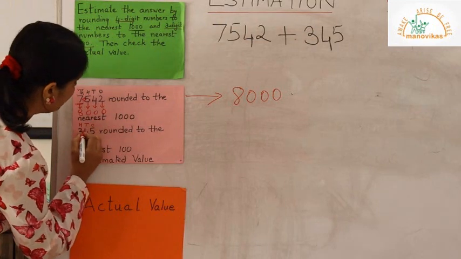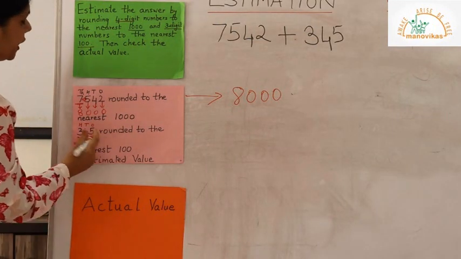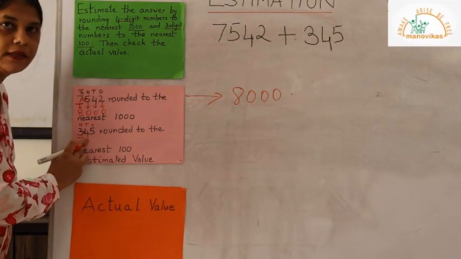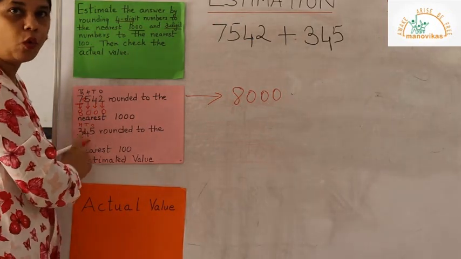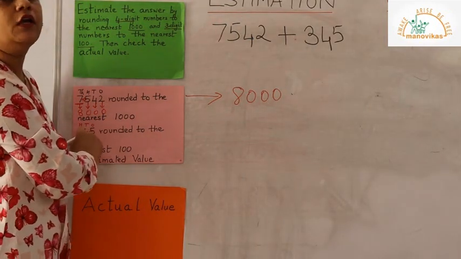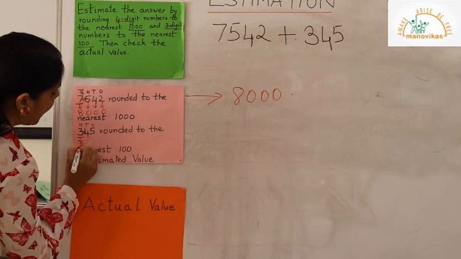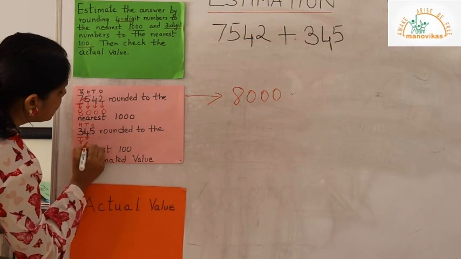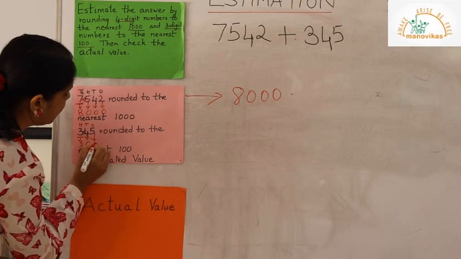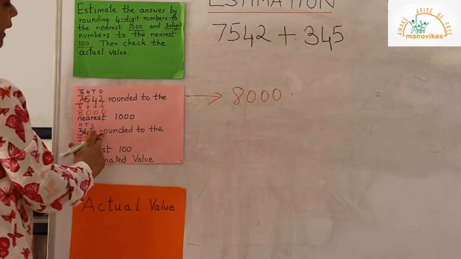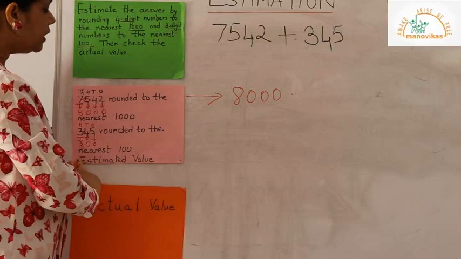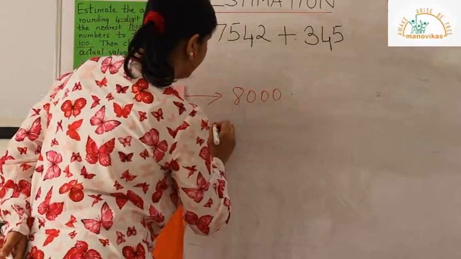Now, which digit are you going to check, children? The digit in the tens place. Now, this digit is 4, which is less than 5. So, what will happen? This digit 3 will remain as it is and the other digits will become 0. So 345 rounded to the nearest 100 will be how much?